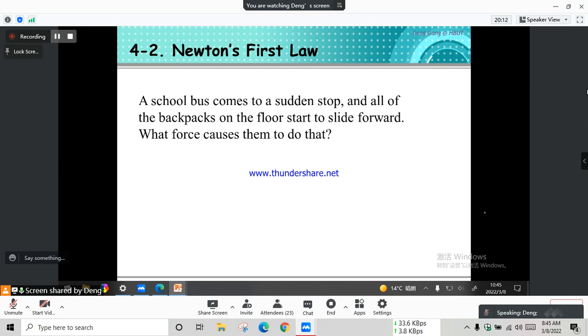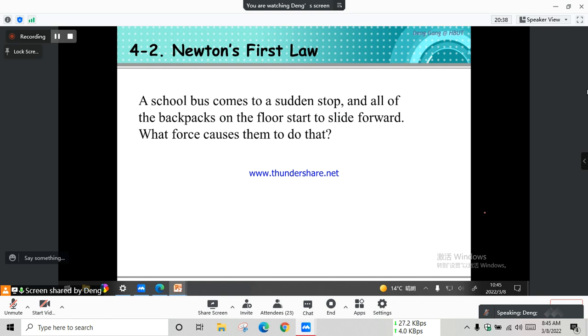So, okay, if we know Newton's first law, actually we can explain this. A school bus comes to a sudden stop, and all the backpacks here on the floor start to slide forward. So the question is, what force causes them to do that?